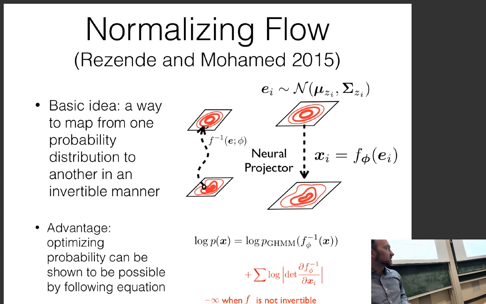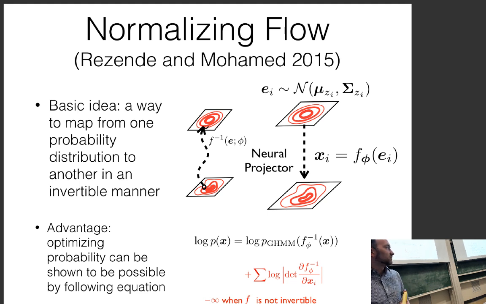So I won't go through the detail of all the classes of the functions that you can use here, but it's actually a pretty broad class of functions that are invertible, and you can calculate this value easily. One example of them is where you can split the variables into two pieces, and if none of the variables in one piece interact with each other, when you calculate the new values of the variables in one piece, then you can essentially come up with classes of functions that allow you to do this.